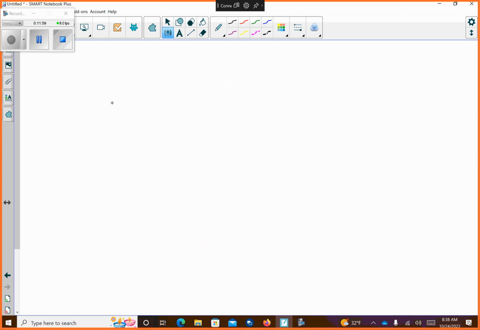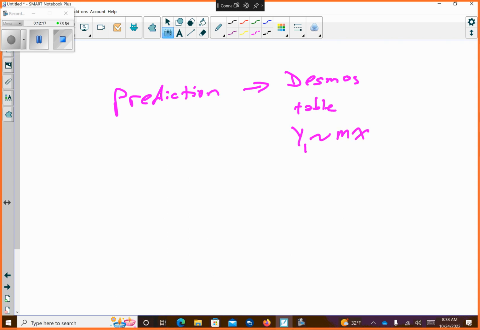So a prediction is once we have gone into Desmos and we've done the table, and then we do y sub 1 tilde m x sub 1 plus b. Remember, the tilde is to find the equation on Desmos.